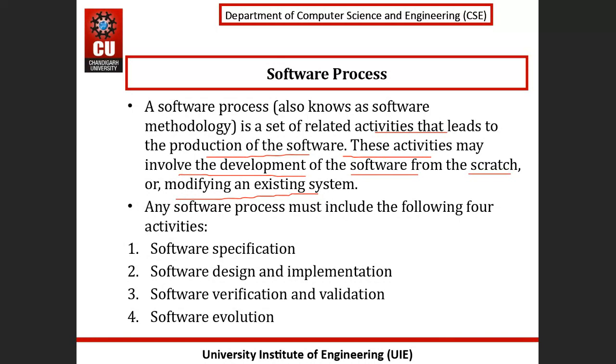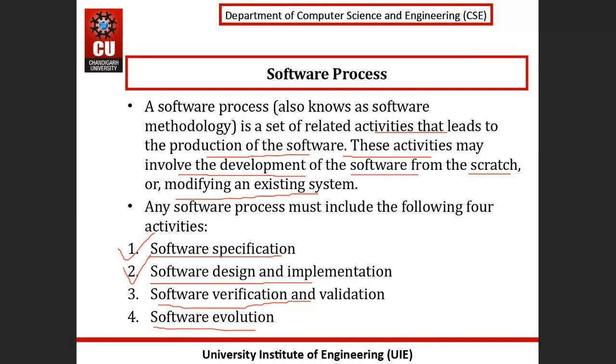So for each software process, we have these following 4 activities. That is software specification, software design and implementation, software validation and verification, software evolution.